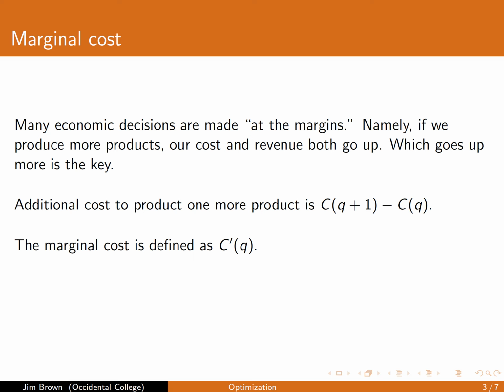One reason this is useful is that C prime of Q is the slope of the tangent line to the function C of Q at Q. And this is approximately the slope of a secant line, which would be C of Q plus 1 minus C of Q over Q plus 1 minus Q, which is exactly C of Q plus 1 minus C of Q. So we can approximate this difference by the derivative.